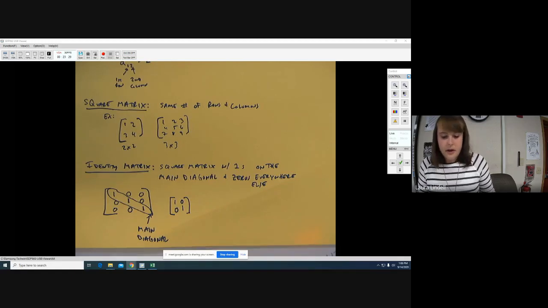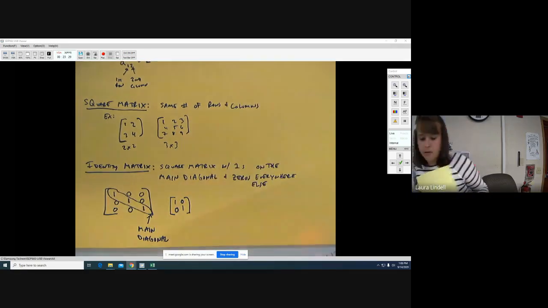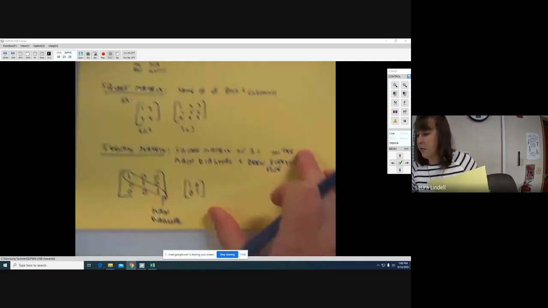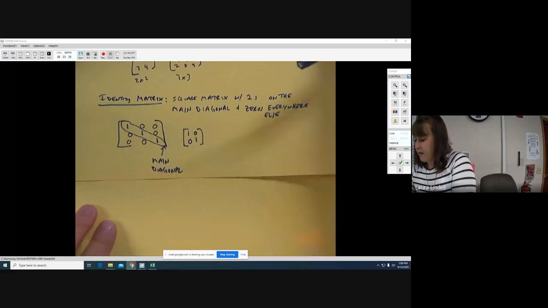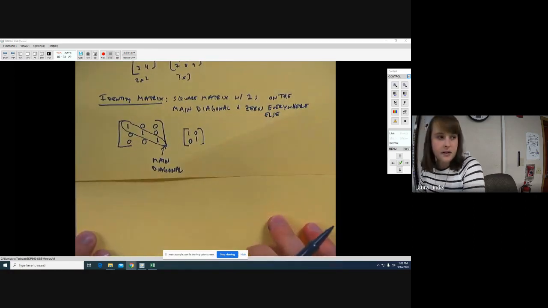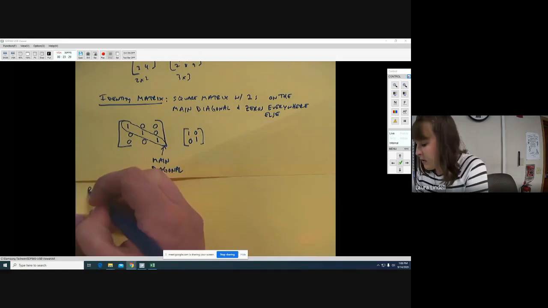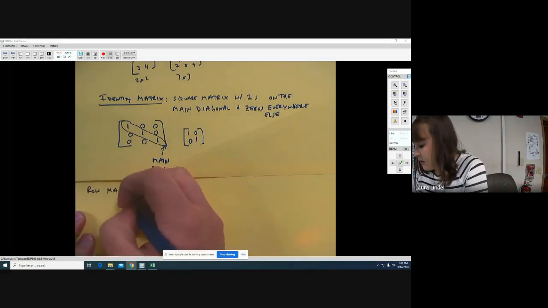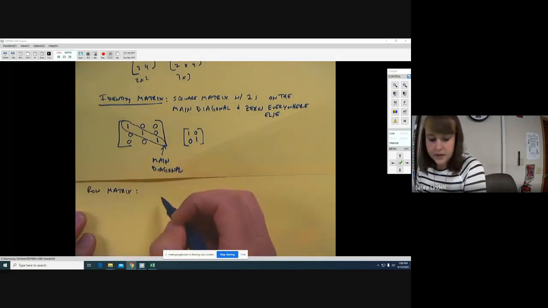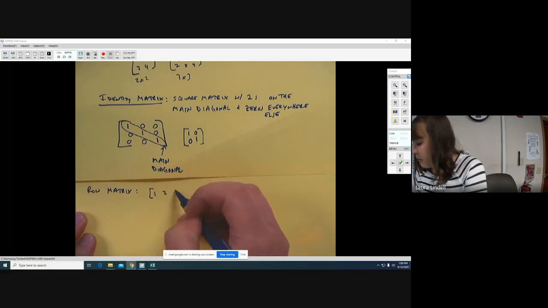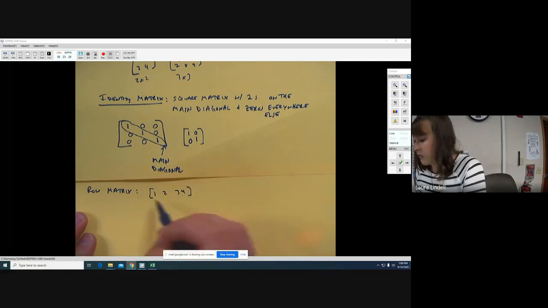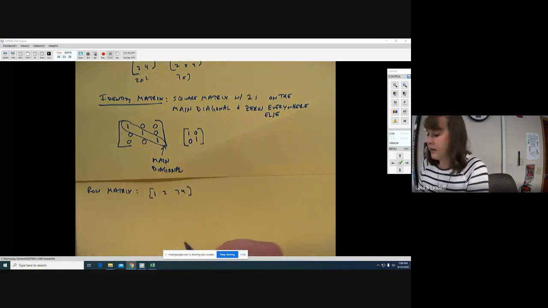Let's see, there's a few other special types of matrices that we're going to call out. Move a few things here so we have more room. Okay. So there's something called a row matrix, which is just a matrix that is made of a row only. So like if I had 1, 2, 3, 4 as just a row, that would be a row matrix.